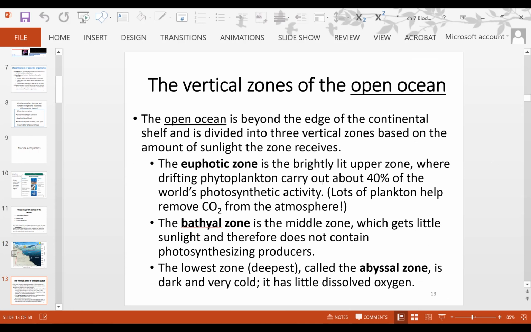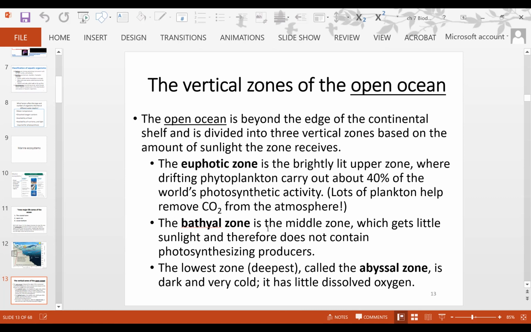Now, this process also helps remove carbon dioxide from the atmosphere. So plankton are providing that natural service by removing carbon dioxide from the atmosphere. That is a process that is about 40% of the world's photosynthetic activity, actually.